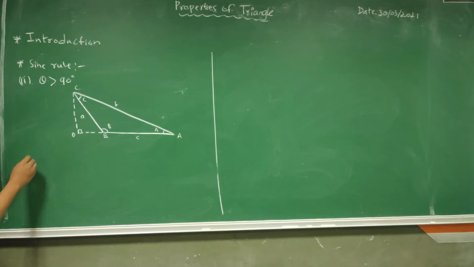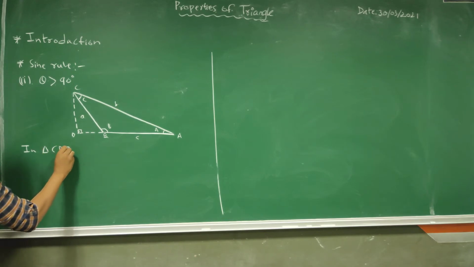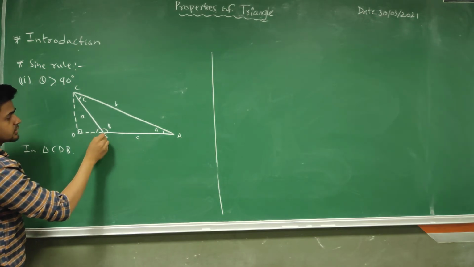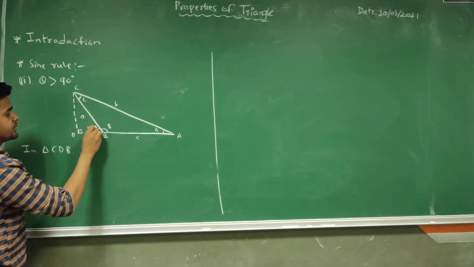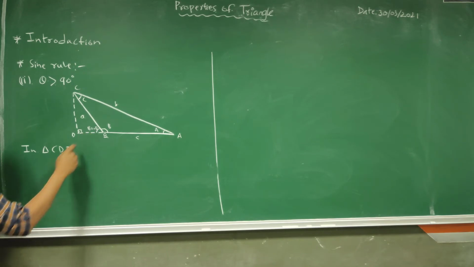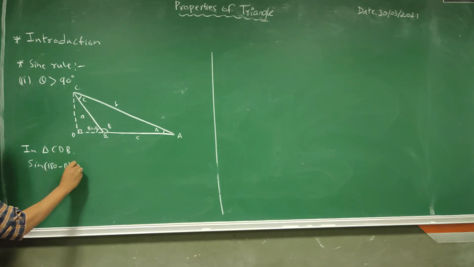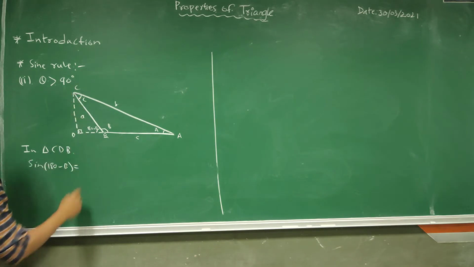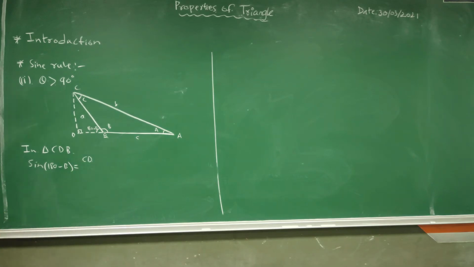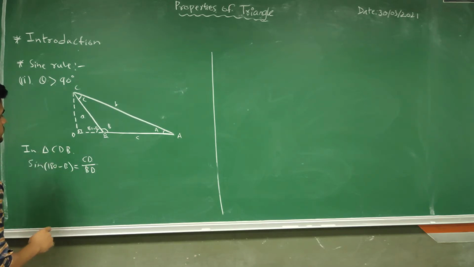Just see in triangle CDB, you know the angle will be 180 minus B. So in CDB, if I am applying sine B, sine 180 minus B is equal to opposite, that is CD, over hypotenuse.